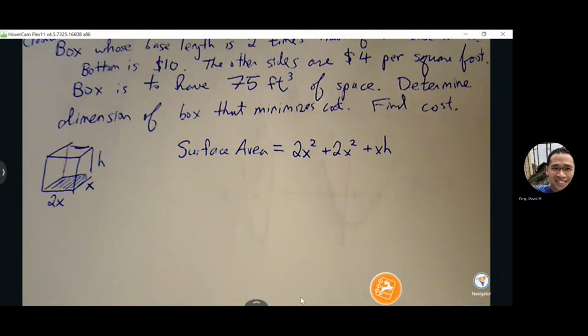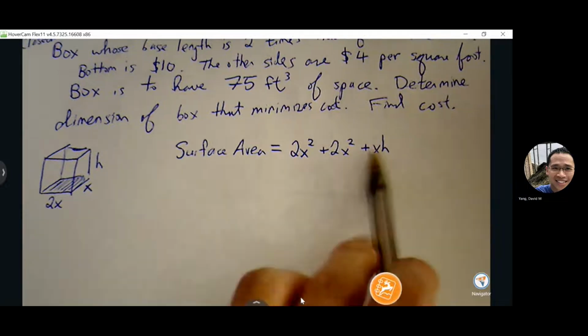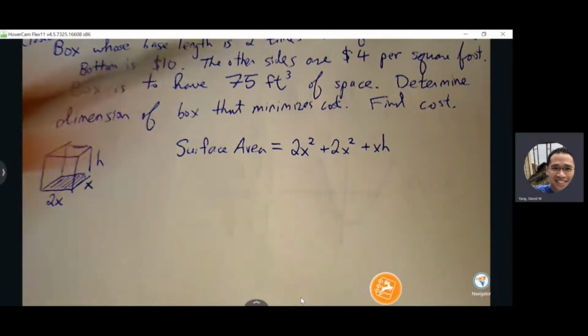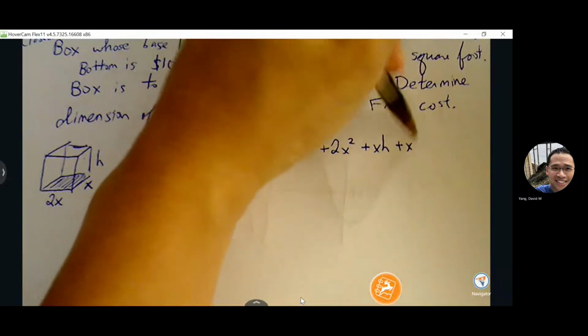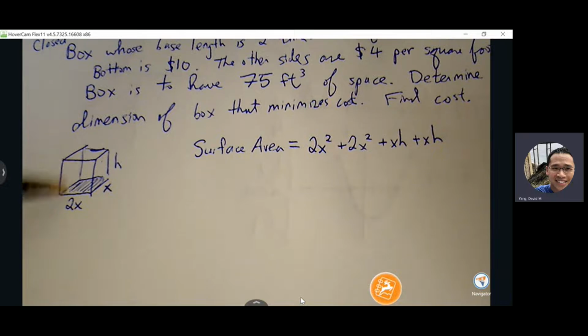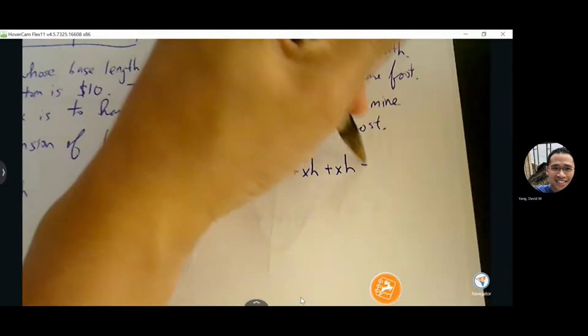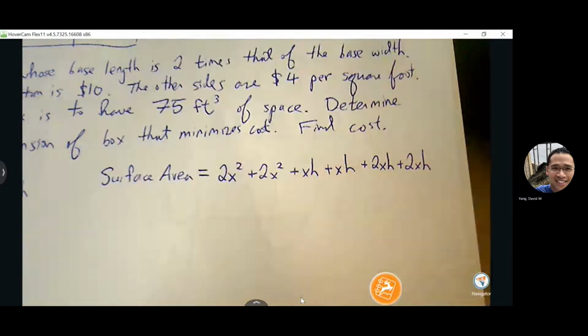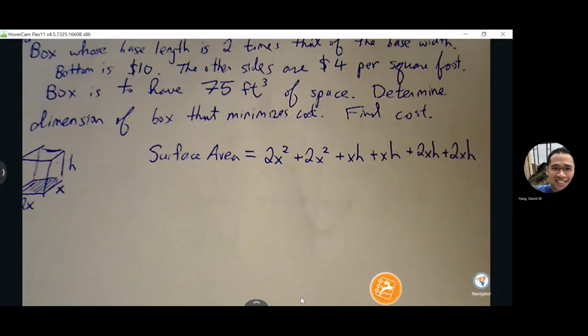Are all the vertical sides xh? This side is xh, and then the other side is xh. What about this front side here? Isn't it 2xh? Yes.